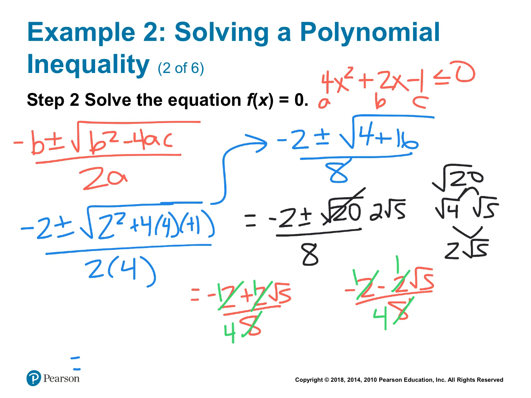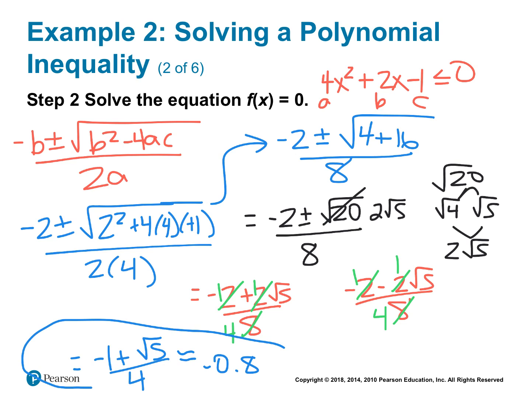So we finally get down to the end. We have negative 1 plus 1 times the square root of 5, so I'll just put 5 over 4. And if you plug that into a calculator, you get about 0.3. That's one of our x's. And the other one was negative 1 minus square root of 5 over 4.